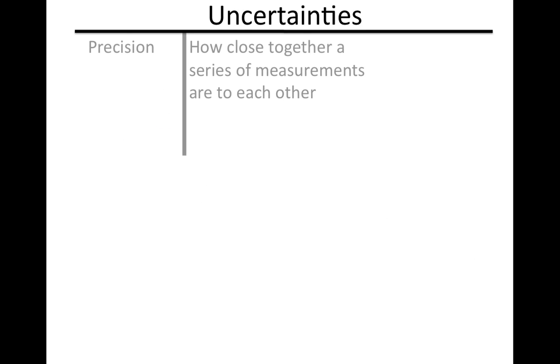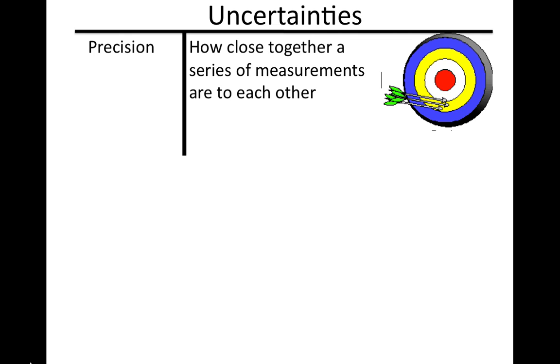Now, when we're talking about uncertainties, we do have to talk about precision. Precision in a measurement is how close together a series of measurements are to each other. For example, here you have all of the arrows hitting the board in the same area.